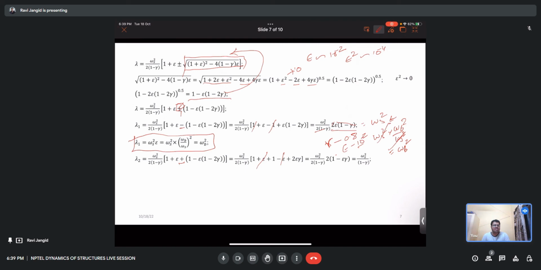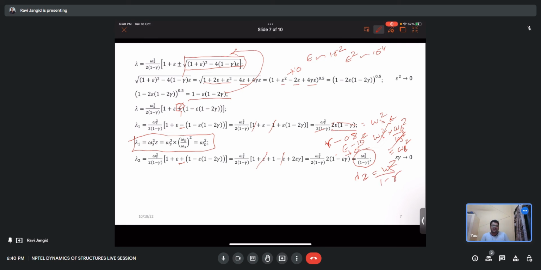So here we are also considering ε as 0. If I consider ε as 0, my equation finally becomes ωs² divided by (1 − γ). So my λ2 becomes ωs²/(1 − γ).